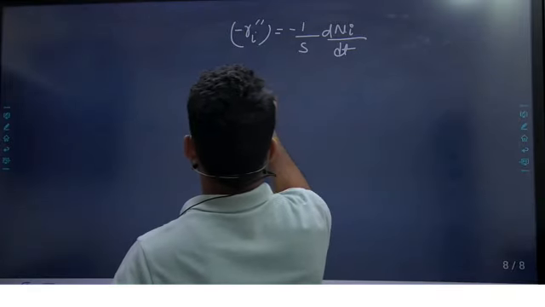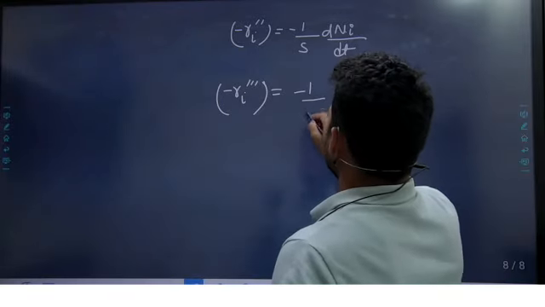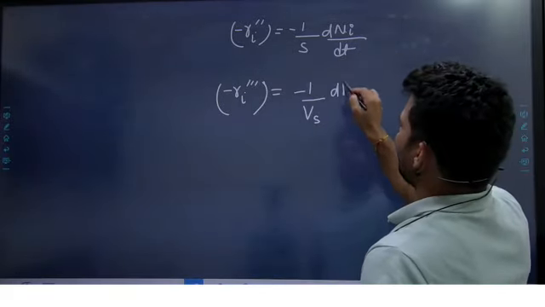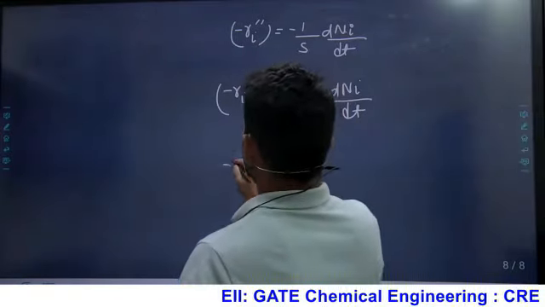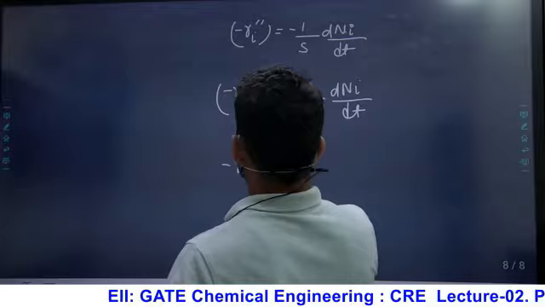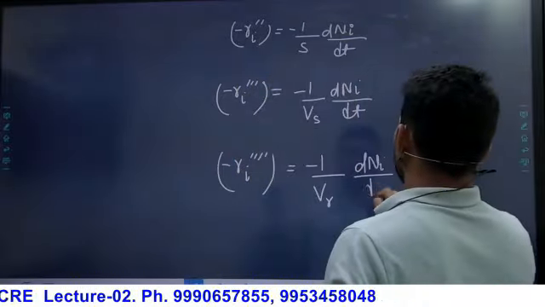You can define minus Ri third prime based on the volume of solid, 1 by Vs dNi divided by dt, in a fluid-solid system. You can define minus Ri fourth prime based on the volume of the reactor.